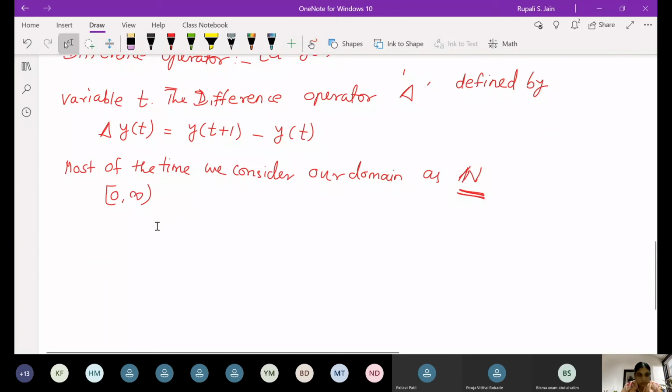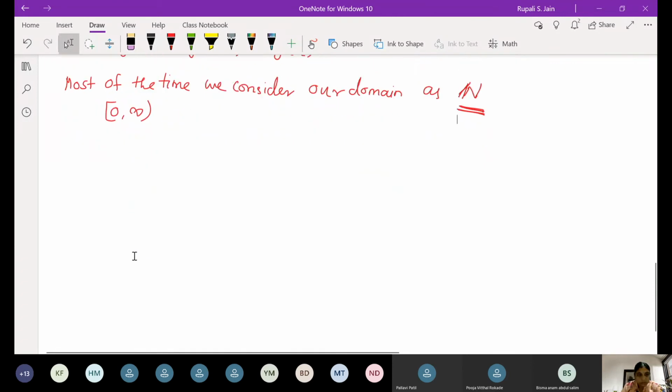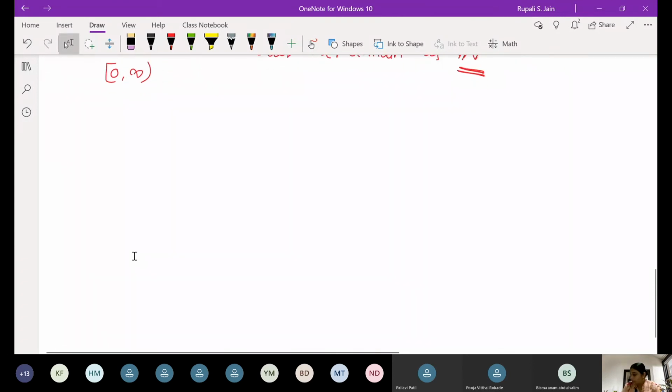So we'll go further. Now, this delta yt, just now we have defined as y at t plus 1 minus yt, but I can define it with a step size, you can see.